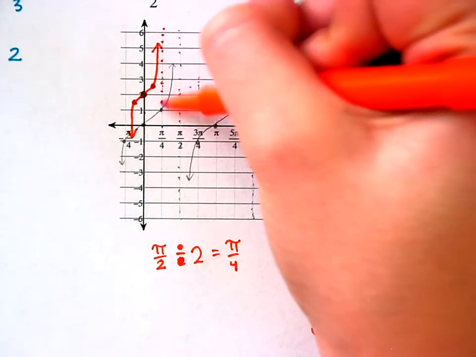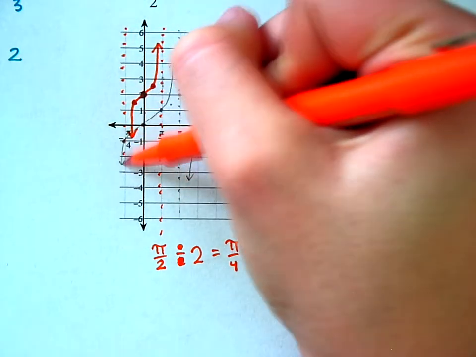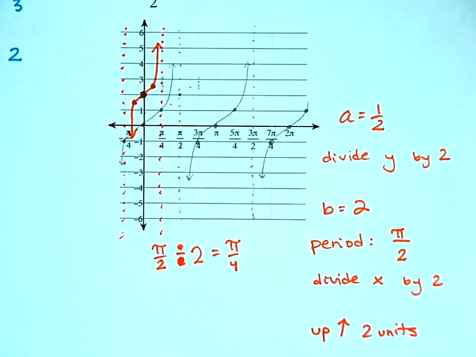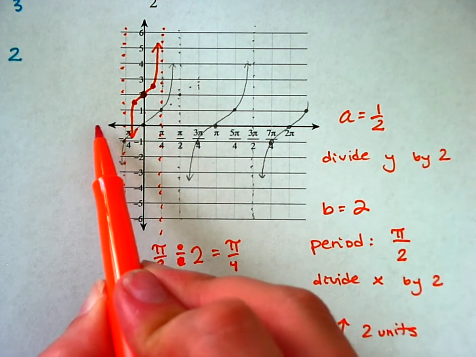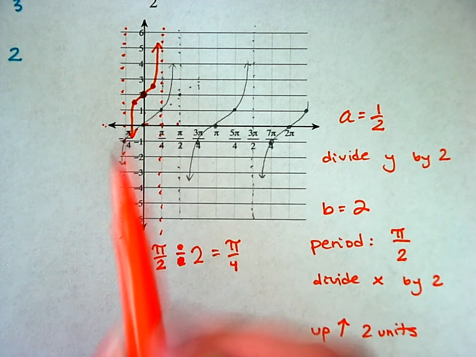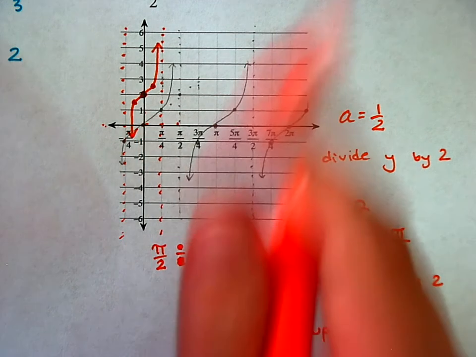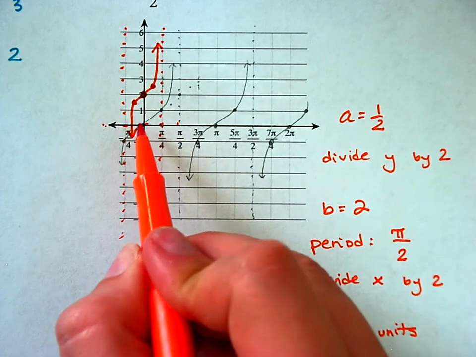So this is my new asymptote right here. And then we're going to reflect that over onto the negative side. So you'll see the original graph had asymptotes from here to here. It was 4 tick marks wide. Now the new condensed version has asymptotes that are 2 tick marks.